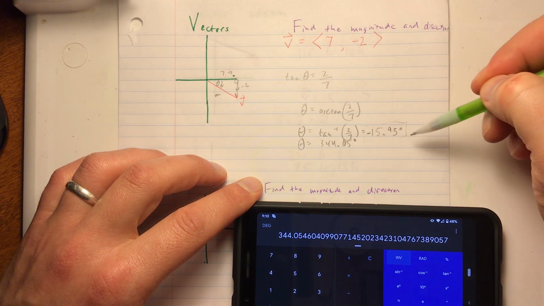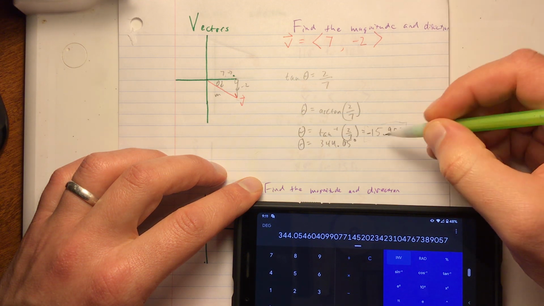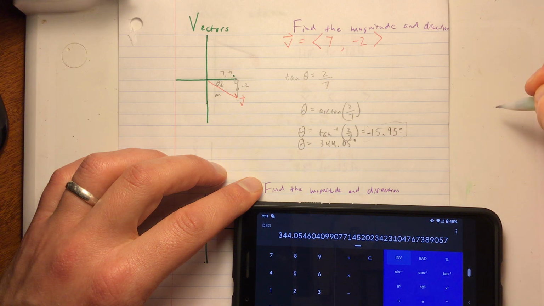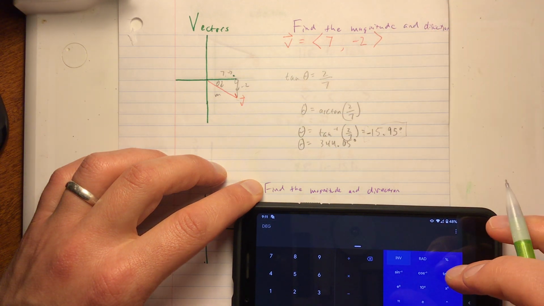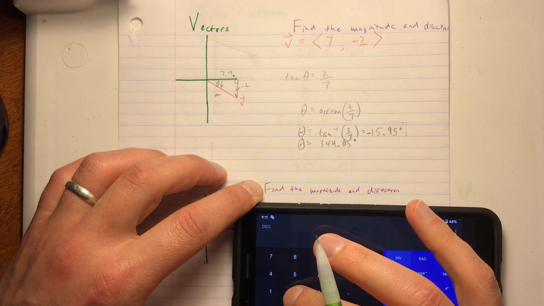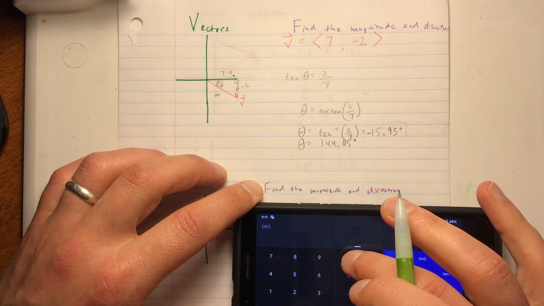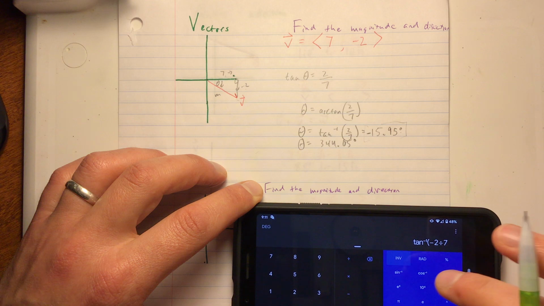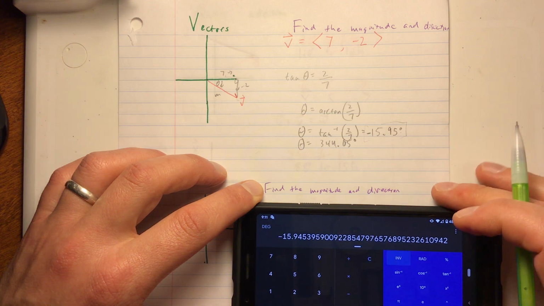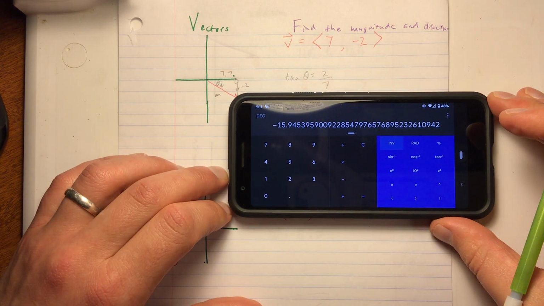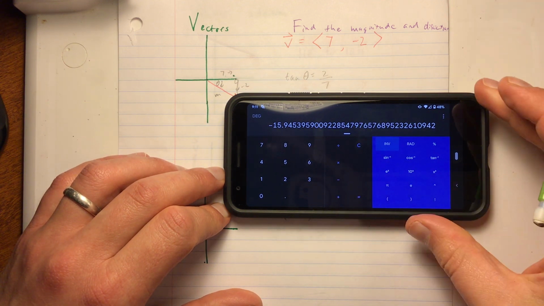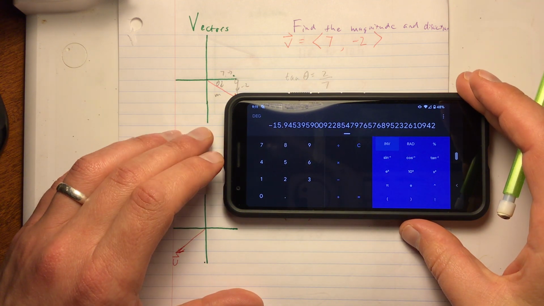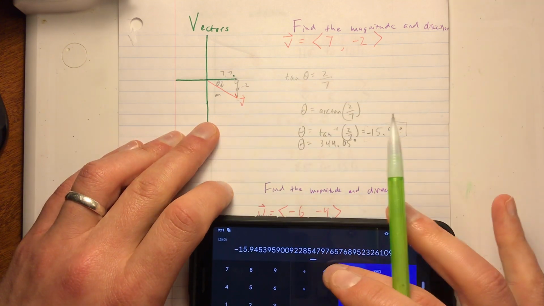So the direction would be negative 15.95 degrees. Just out of curiosity, what happens if we do arctangent of -2 divided by 7? Hey, look at that. That's fantastic. It gives us negative. Huh, who knew? Okay.